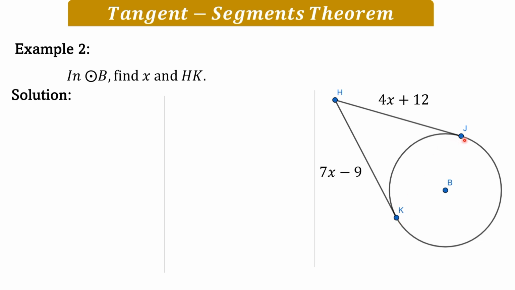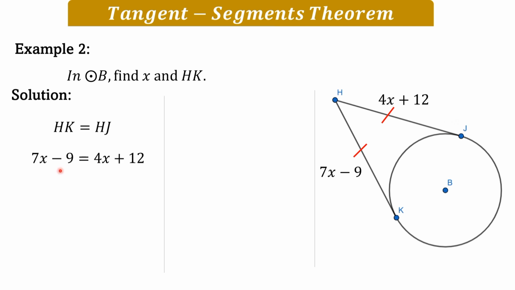These two tangent segments intersect at the external point H. Hence, they are congruent. The length of HK is equal to the length of HJ.